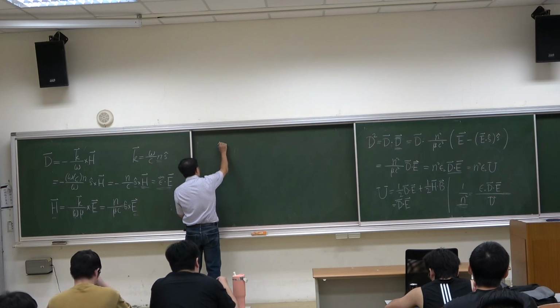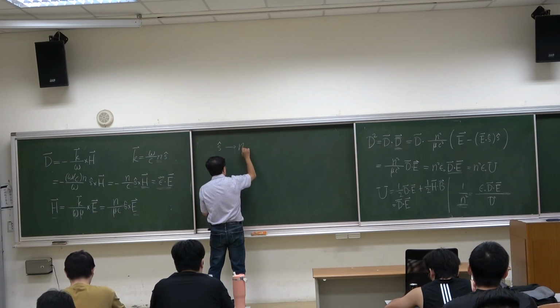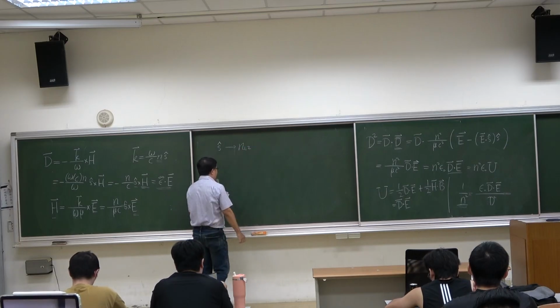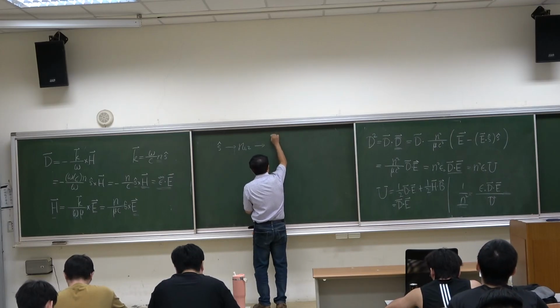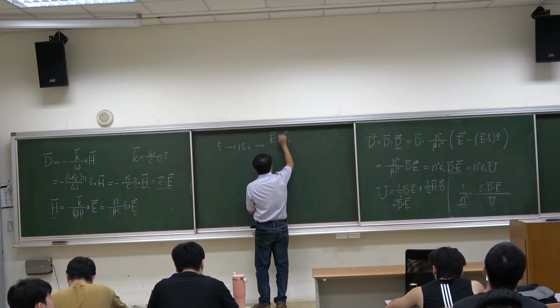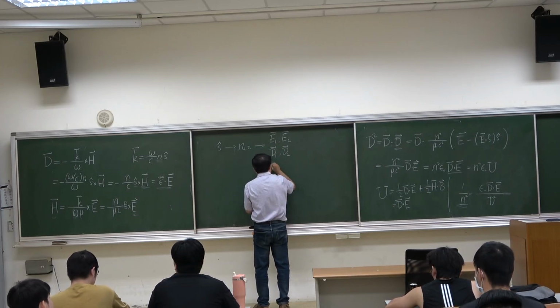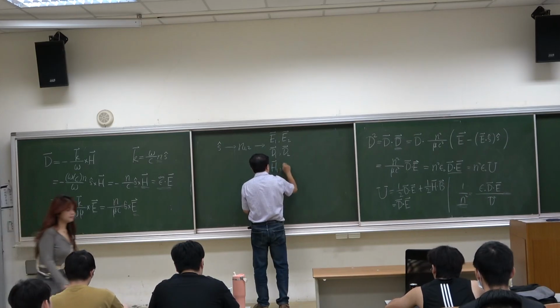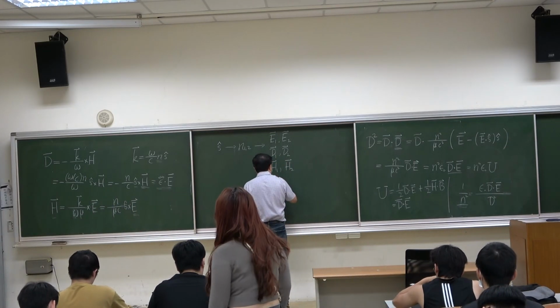Given one propagation direction S, we get two refracting indices and also E1, E2, D1, D2, H1, H2, B1, B2.